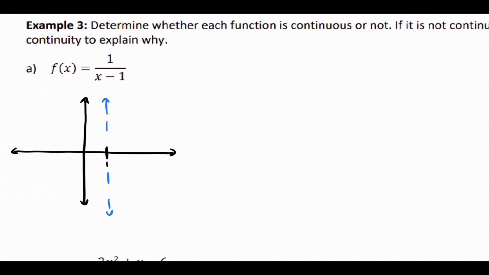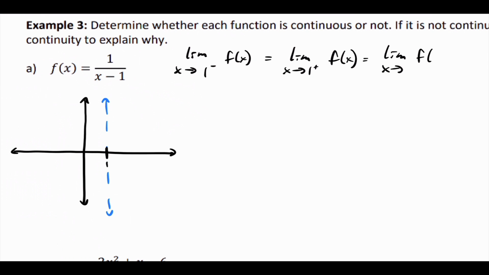So what I'm going to do is use the definition. The definition says find the limit as x approaches 1 from the left. Find the limit as x approaches 1 from the right. Find the overall limit as x approaches 1.